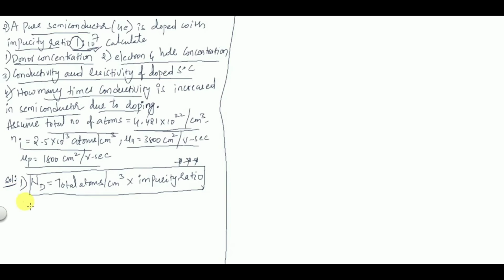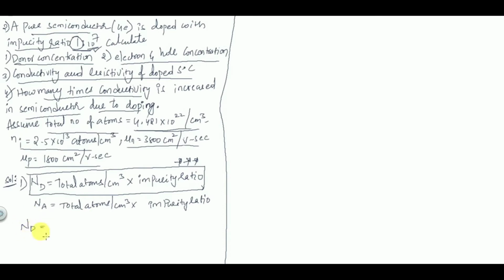Suppose the semiconductor is doped by acceptor impurity, then also the acceptor concentration is equal to total atoms per cubic centimeter multiplied by impurity ratio. So for both types of extrinsic semiconductors, the formula is the same.